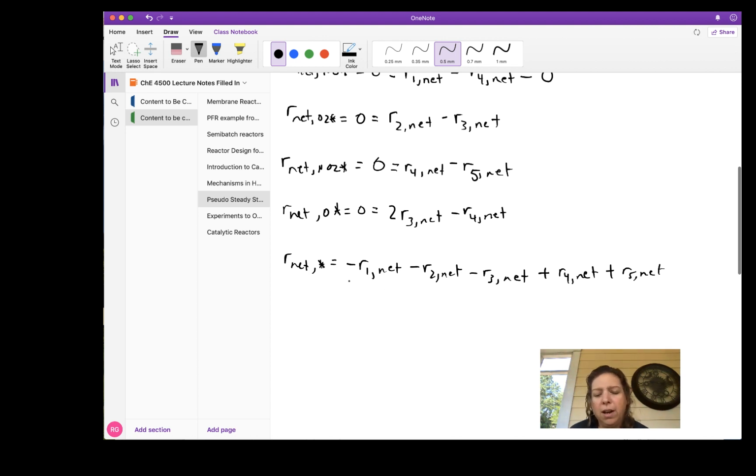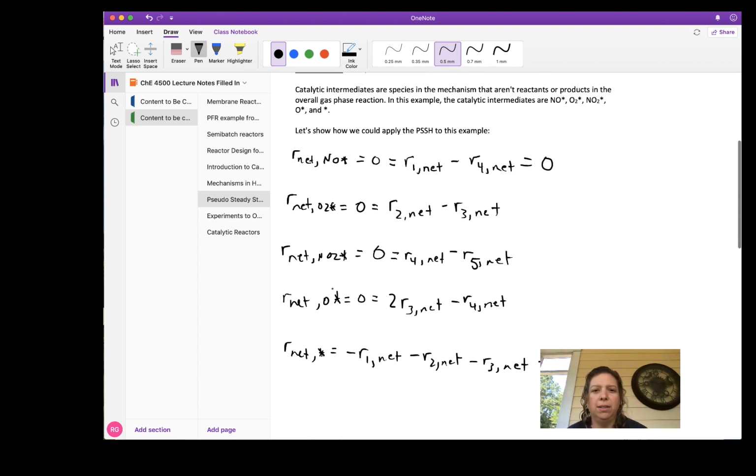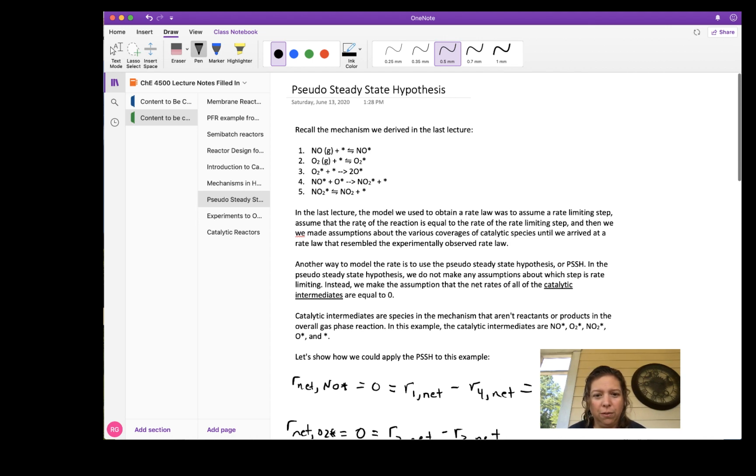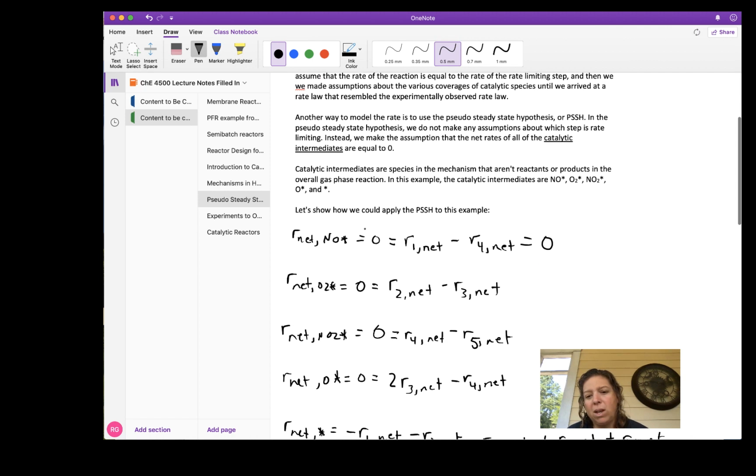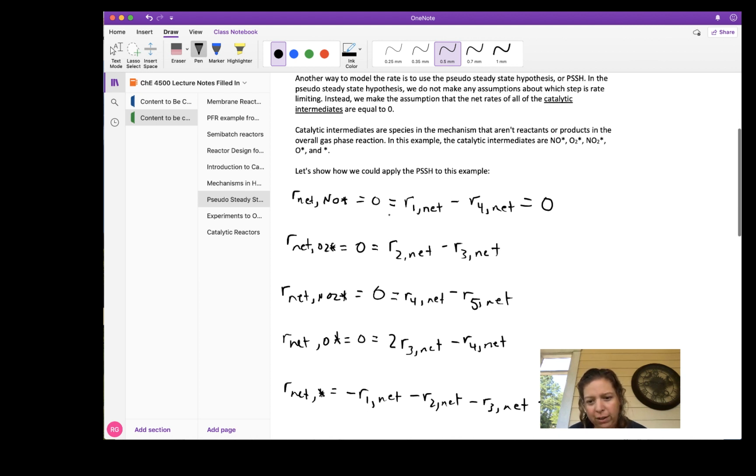Usually when I write the pseudo-steady state hypothesis, since I'm not making any assumptions about which steps are rate limiting, I would treat all of the reactions in the mechanism as potentially reversible. So they're all going to have forward and reverse rates. And again, I would treat them all as elementary. So I could go through and fill out all of these expressions based on the elementary rate laws that I would come up with.